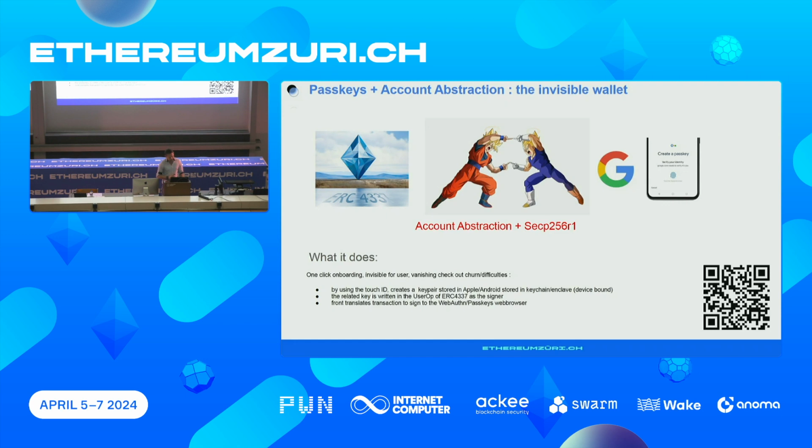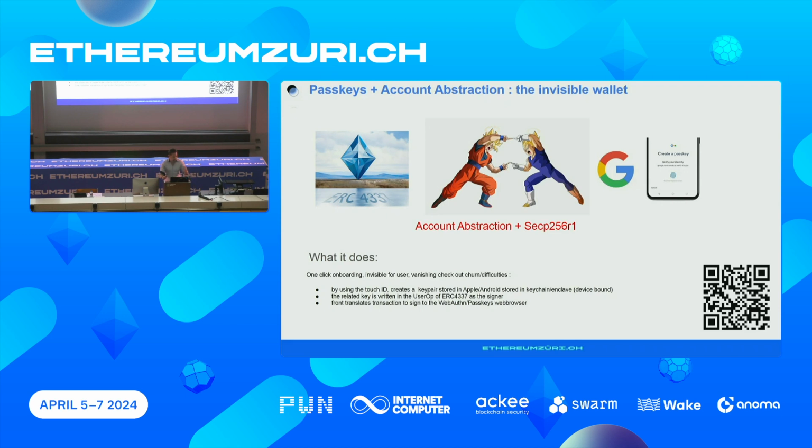So we had this very good talk by Ivo about account abstraction. Briefly, this invisible wallet is constructed by using account abstraction with this curve. This means that we are able to verify the passkey framework on-chain. So using your Touch ID, what you are really doing is you unlock the access to the private key that is stored in the secure enclave of your smartphone, which is the most secure component of your smartphone.